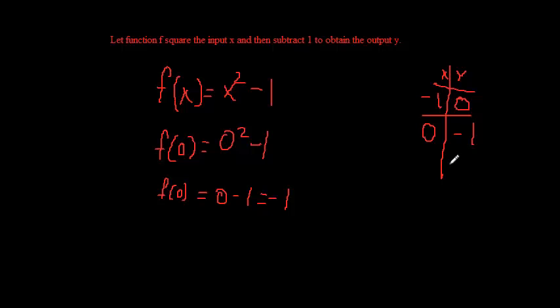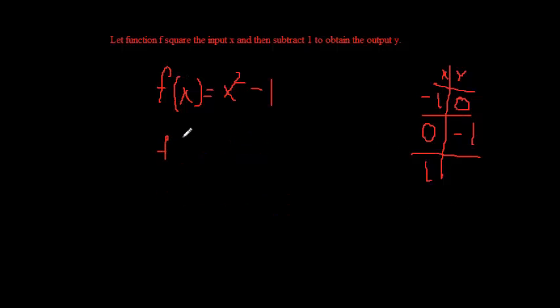So another point there. We'll try one more. Let's say 1. So we have f of 1 equals 1 squared minus 1, which is just 1 minus 1, equaling 0. So f of 1 equals 0.